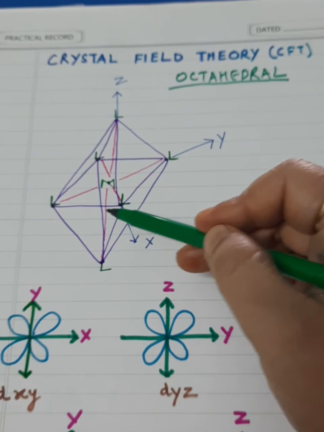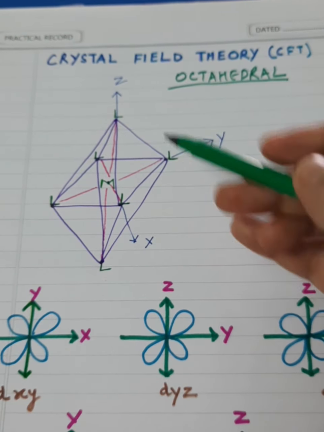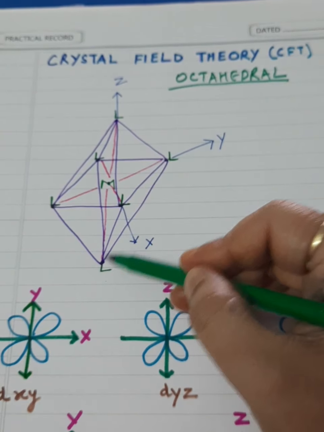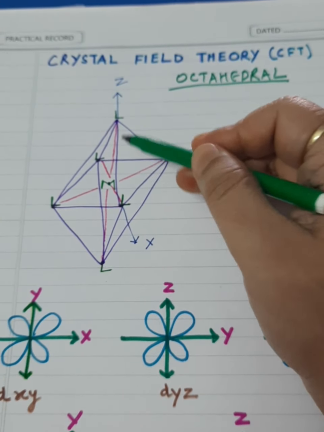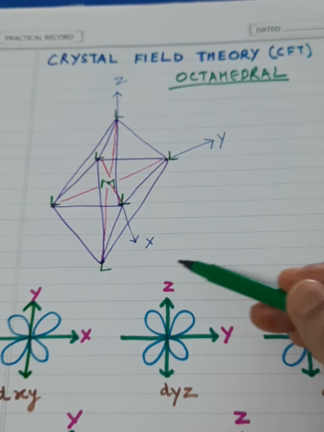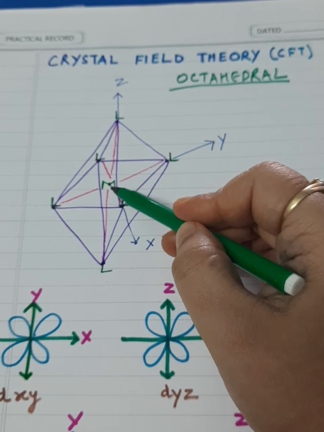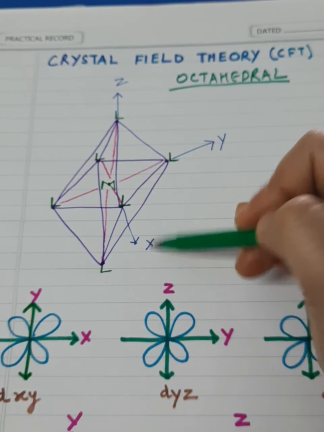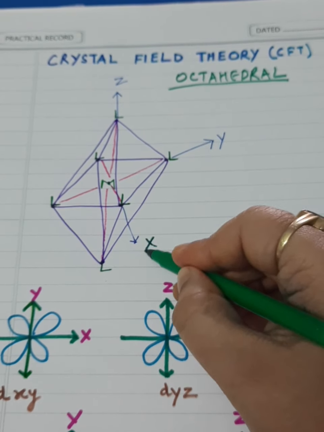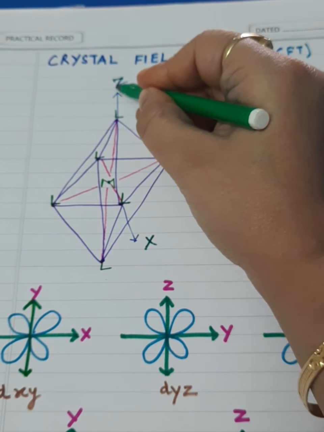The geometry of this particular kind of coordination compound is constructed with the help of purple lines. So when you see the purple lines, the octahedral geometry is clearly seen. Now, since the central metal atom is at the center, we can have 3 axes here. This is the x axis, this is y, and this is the z axis.